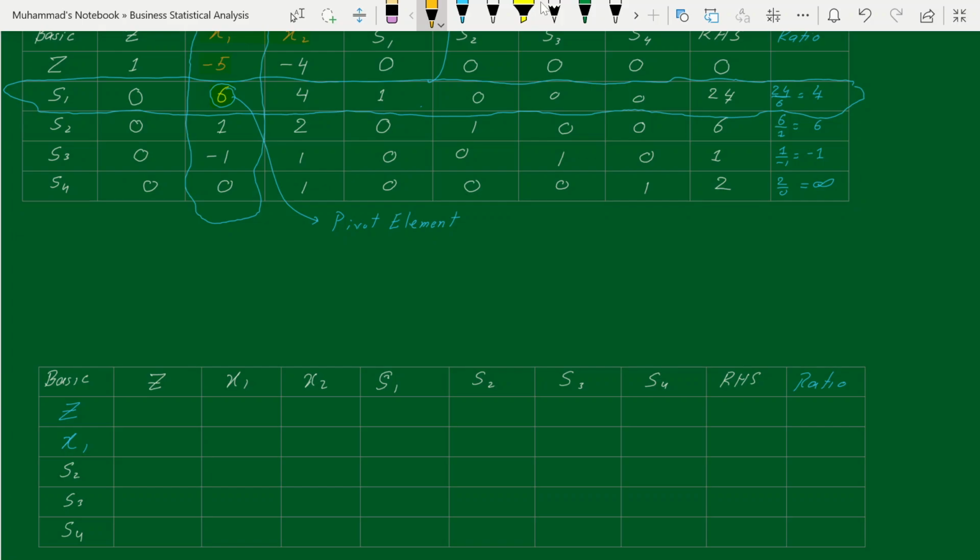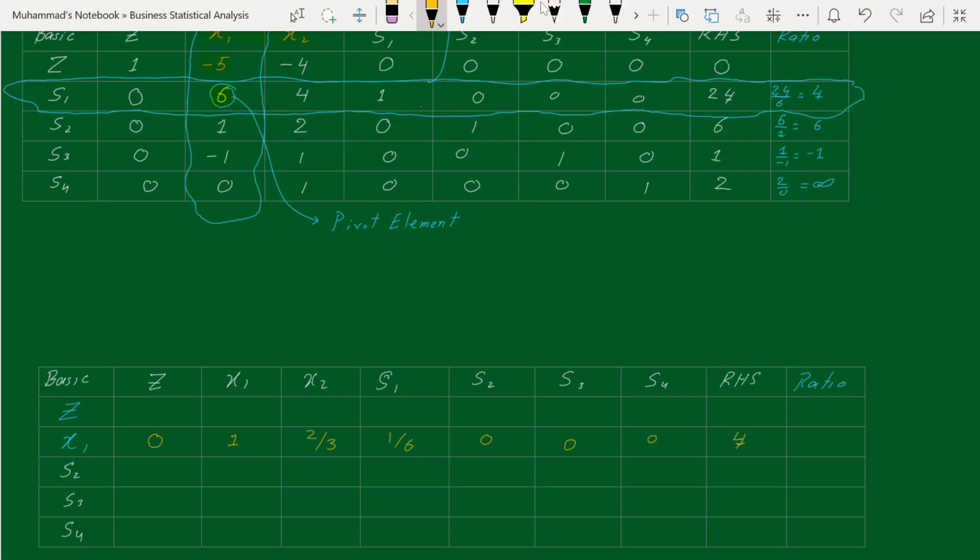So we have to divide all elements of this row by 6, and we will get a new row for x1. 0 divided by 6 is 0. 6 divided by 6 is 1. 4 divided by 6 is 2 by 3. 1 divided by 6 is 1 by 6. 0 divided by 6 is 0. 0 divided by 6 is 0. And 24 divided by 6 is 4.